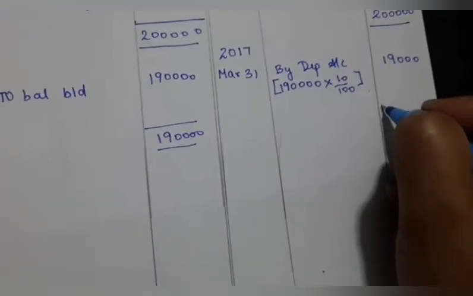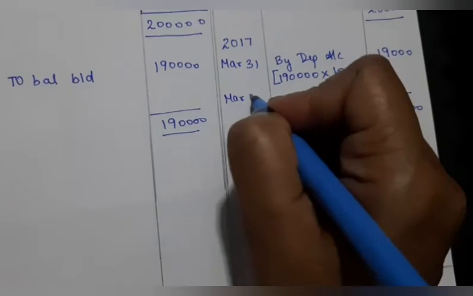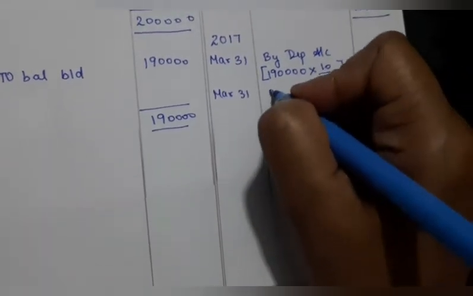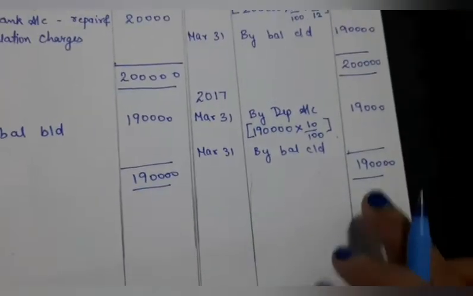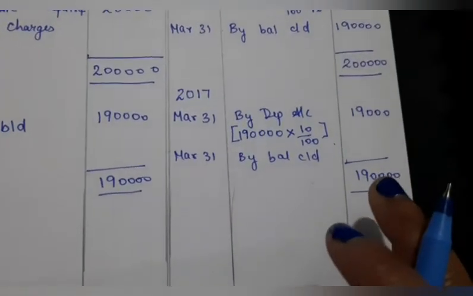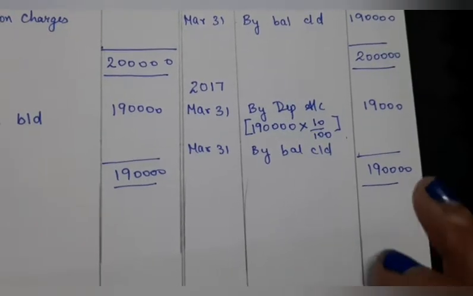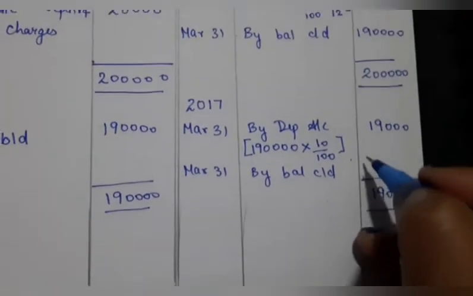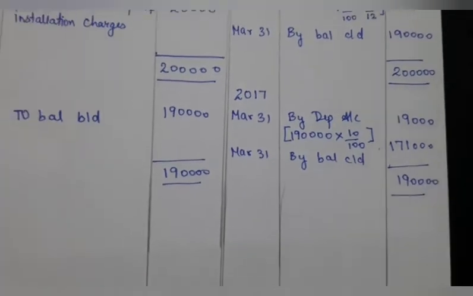Then again make a total of this side, 1,90,000. March 31st we will write by balance carried down. See, 1,90,000 less 19,000. You will get 1,71,000 as your balance carried down.